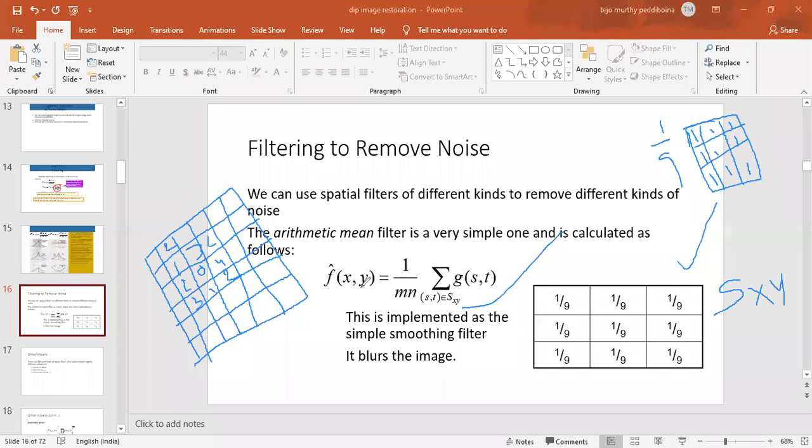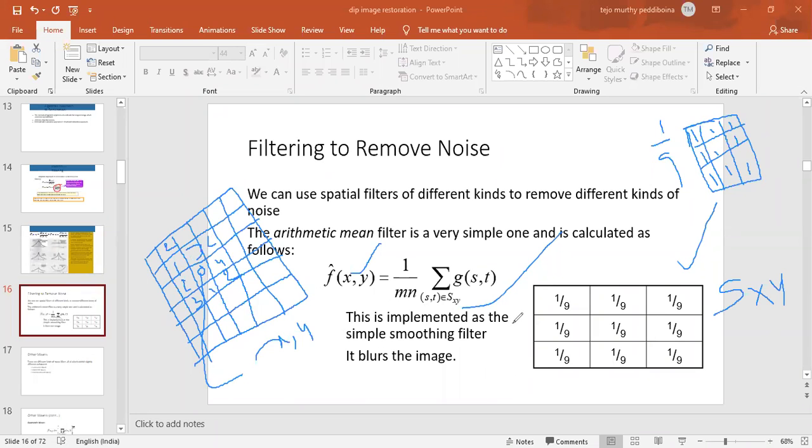Now, if I take some pixel coordinate xy at any point, let us take the 0 as my xy. This is my xy, for suppose. We have to change the xy values to the next position also, but at a particular moment xy is some coordinate, then I have to consider what my neighborhood values are, and we have to divide.